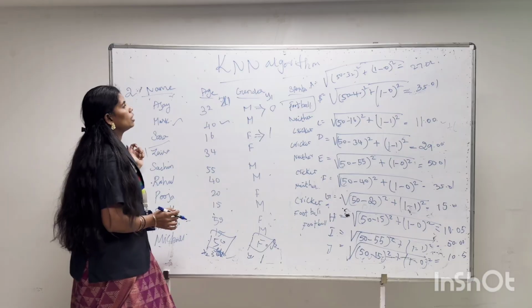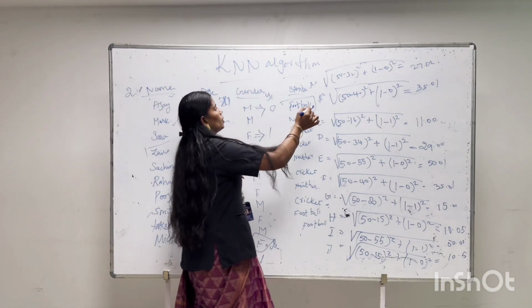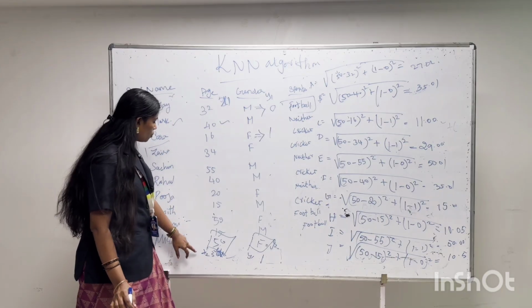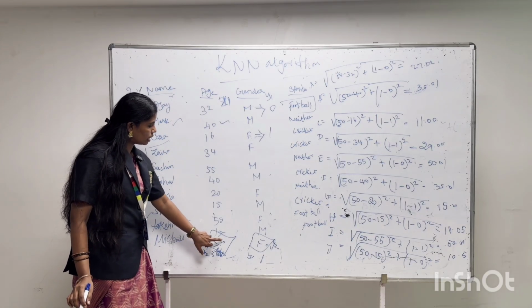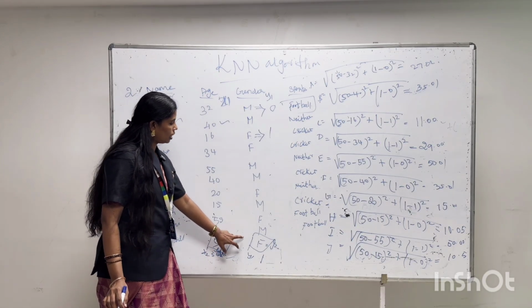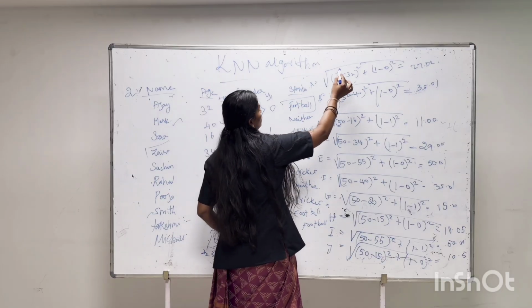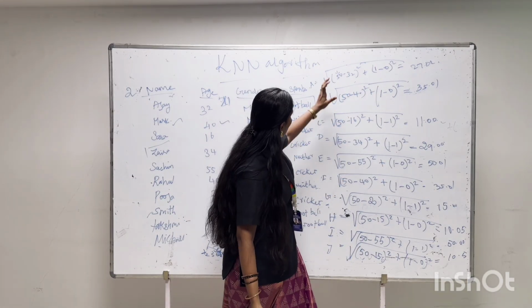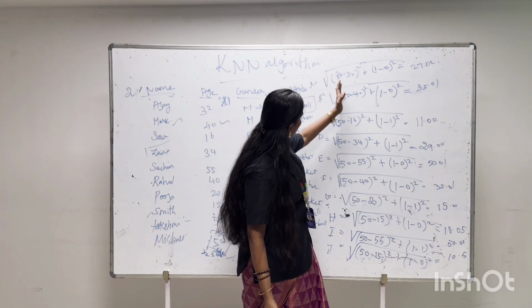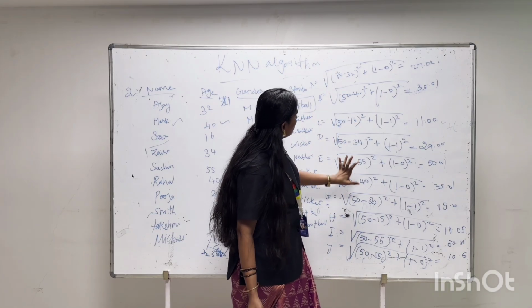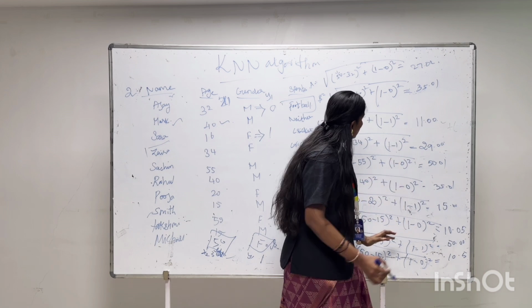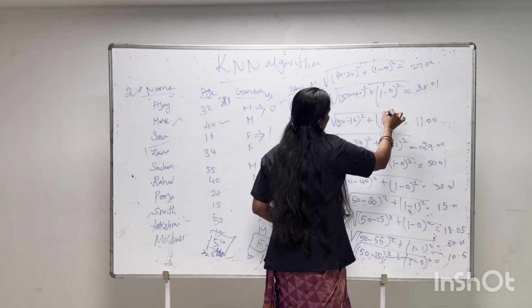By using the Euclid distance formula, we are going to write first our x2 value, which we are going to find. That is for Angelina, her age and which category she is in. So the age will be 50. For all classes, I have taken the first value as Angelina's age, and she belongs to the female category, so I have taken it as 1.